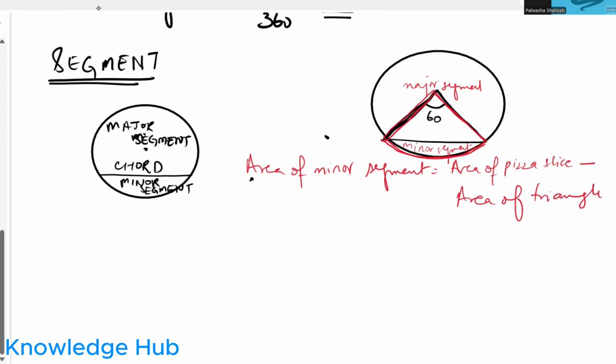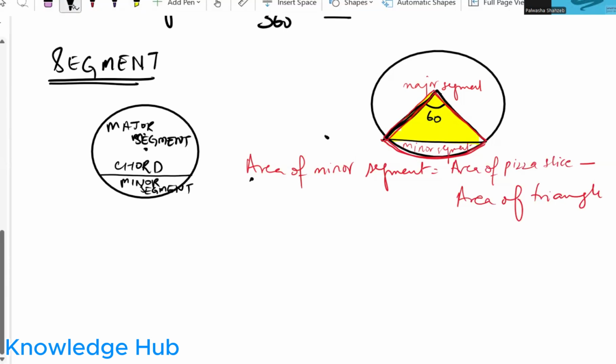Obviously, from this pizza slice, from this sector, when you will subtract this triangle, you'll get the area of a minor segment, right? And area of pizza slice, you know how to find out area of a sector, and area of triangle, you know how to find out the area of a triangle.